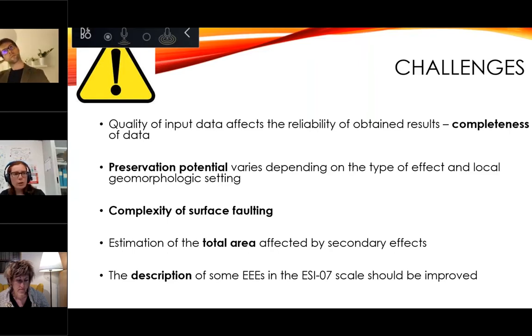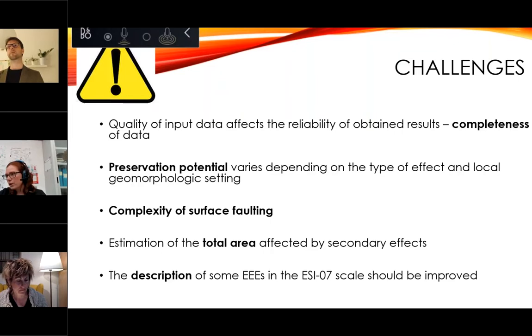So each type of effect can be preserved in the geological record for a different amount of time, and the most subtle effects can be erased quite quickly from the geological record.